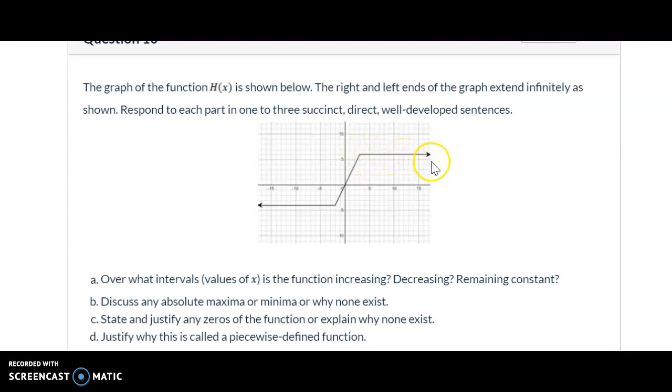Everything to the right of (3, 6), and everything from negative infinity to (-2, -4), those are the constant parts of the graph. There is only one zero in the graph, and that is at the origin, (0, 0). So this graph is increasing along that portion, remaining the same along the other portions, and there is one zero in the graph.